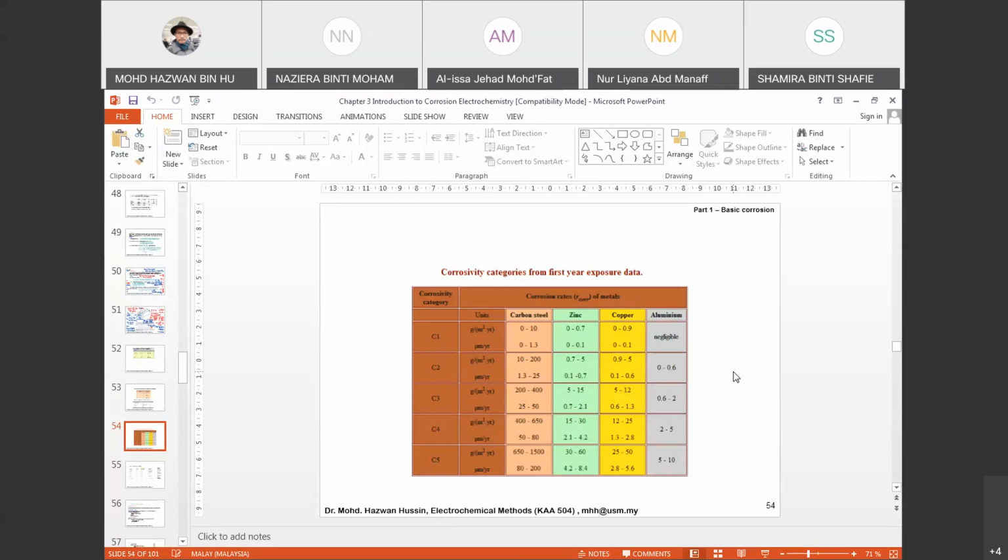So that is why the classification for aluminium, even at a low corrosion rate, is already classified as a higher category. For copper, you will see it's slightly lower, but for other things like zinc or others, it can also be classified in a different category.